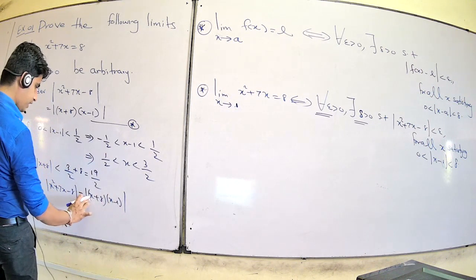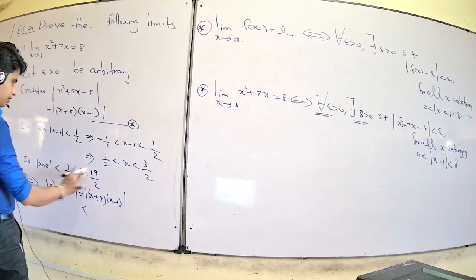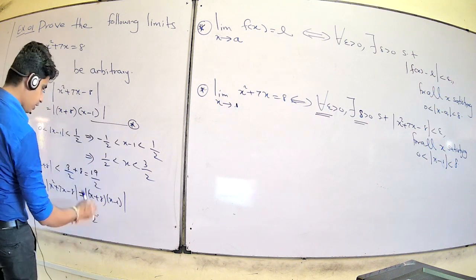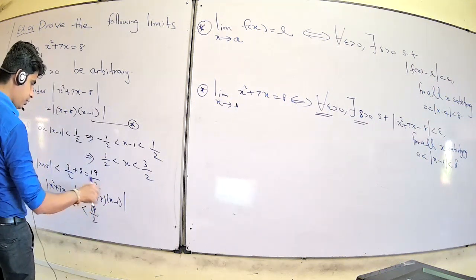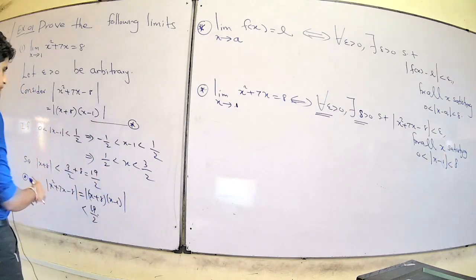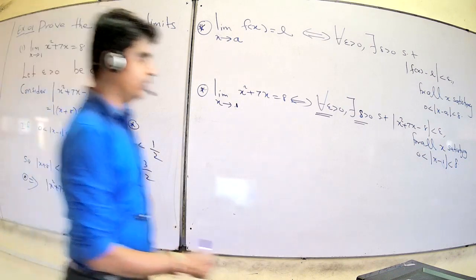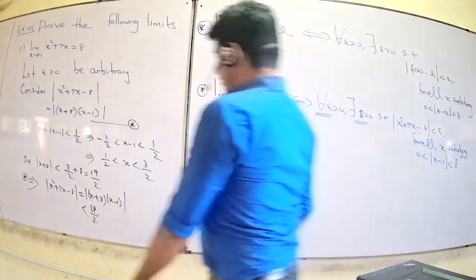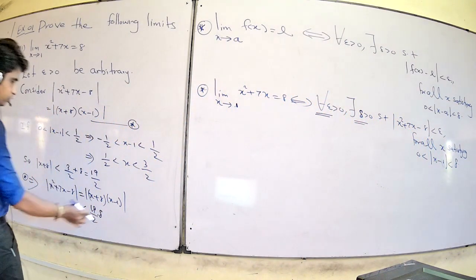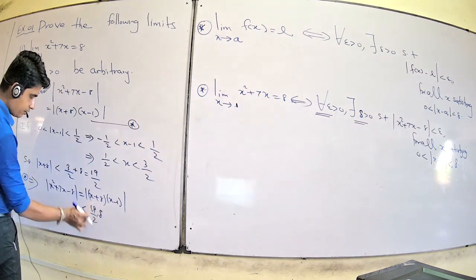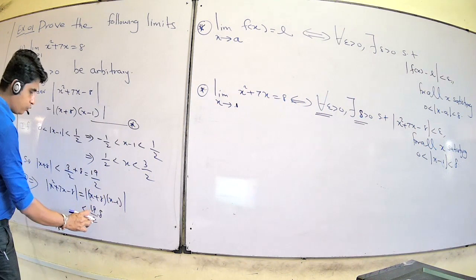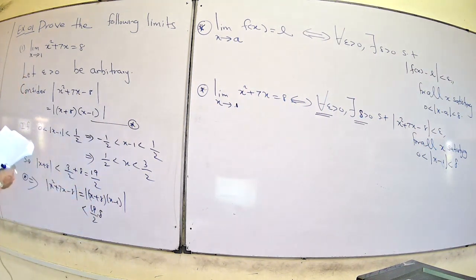Now your modulus of x plus 8 is less than 19 by 2, into modulus of x minus 1, and modulus of x minus 1 we put as delta. But now your claim is you want to show that this is equal to epsilon. Now your claim is this 19 delta over 2 equal to epsilon.